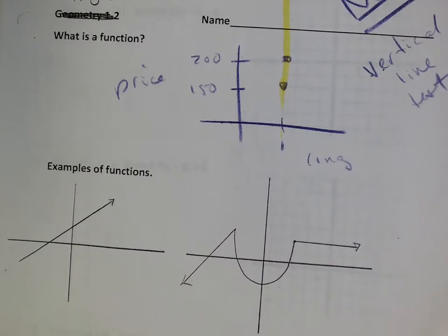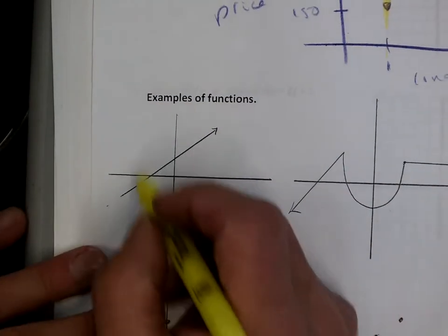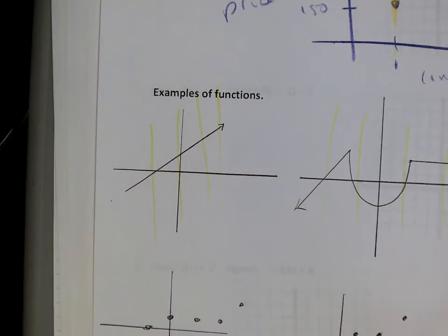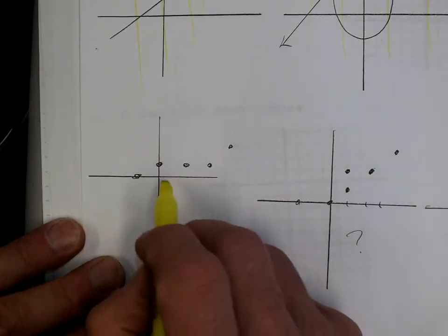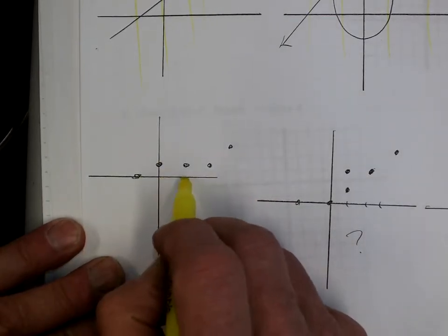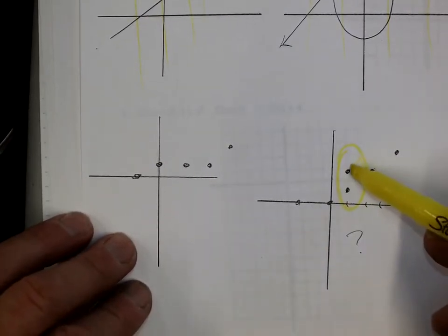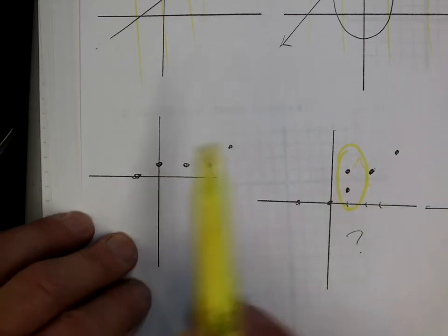So then we looked at some examples, and this one definitely is a function, right? This one's a function, okay? This one would be a function because every x has exactly one y. But this one here is not. You can see that you've got 2 points for one x value, not a function, okay?